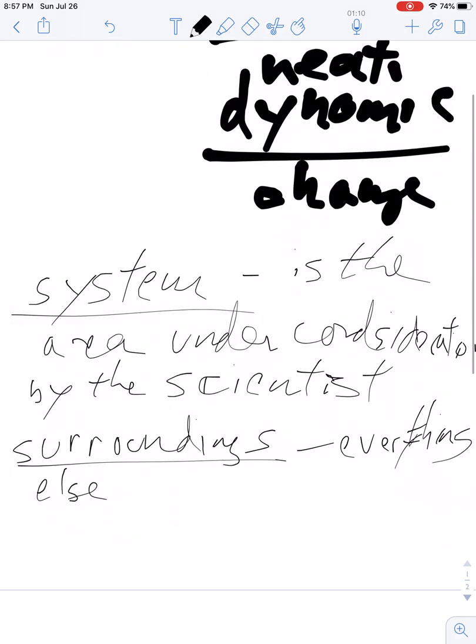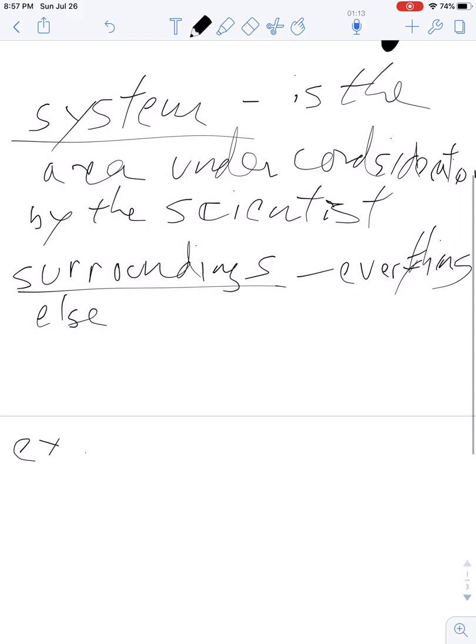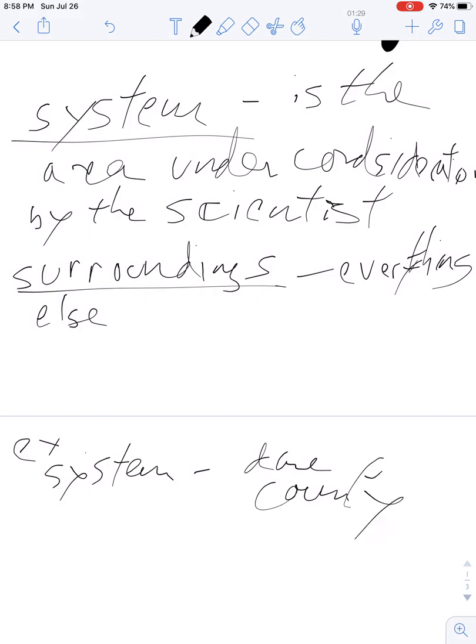Okay? So for example, suppose I want to study the deer population. Okay? Well, I want to study the deer population of Dane County. Well, in that case, my system would be Dane County. And then everything else would be the surroundings. So that would be the rest of the state or the rest of the country.